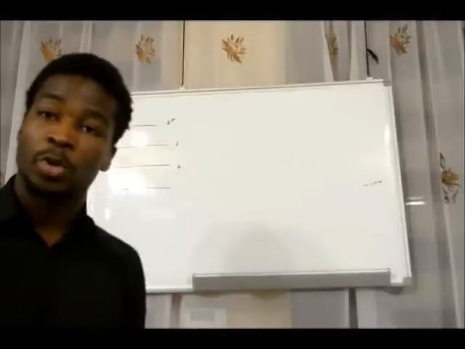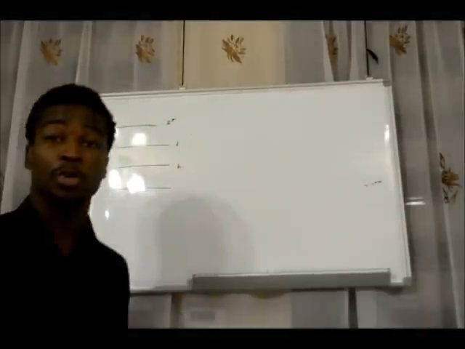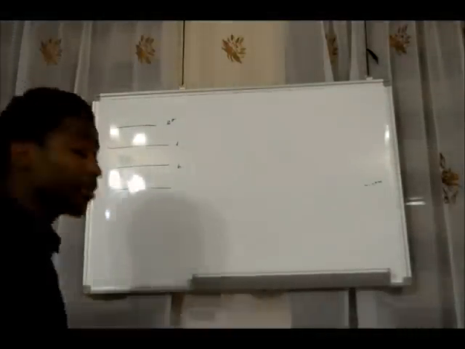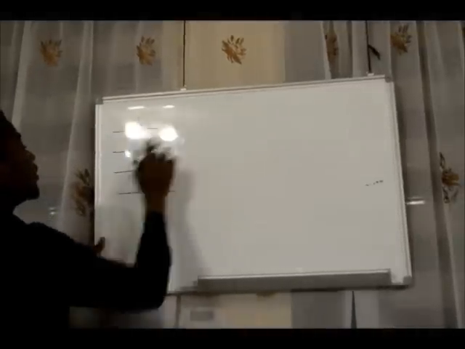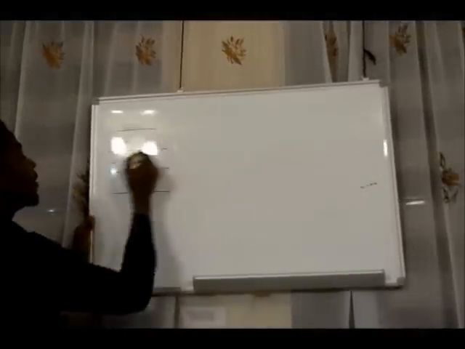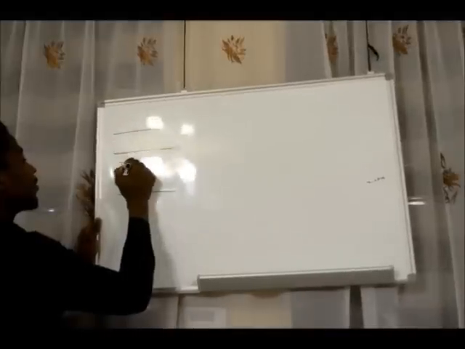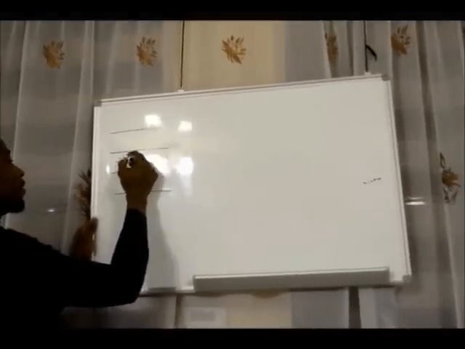Nociceptors actually are not found in the epidermis. They are absent in the epidermis. They are actually found in the dermis. And like I said earlier, they are free nerve endings.